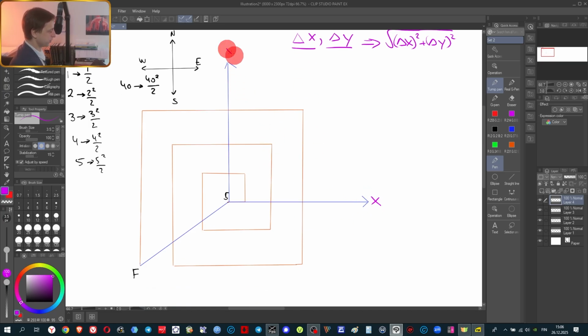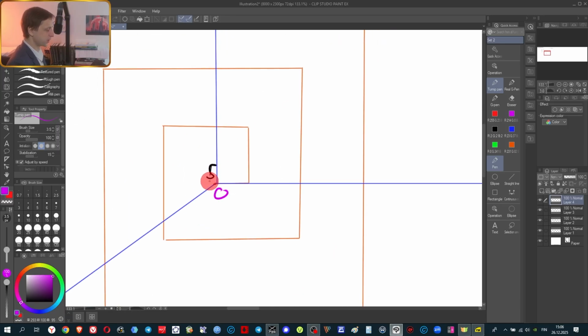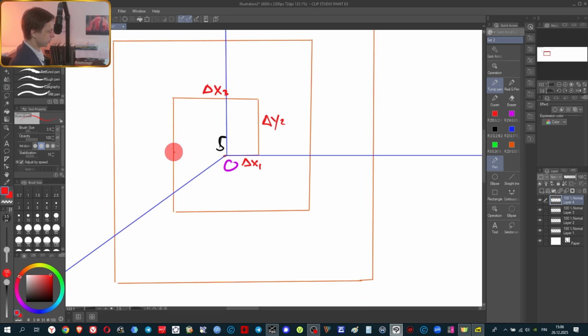So here we have the x-axis, y-axis, of course it is a region, and we have these distances here. The first one is delta x1. This one along y, we will call it delta y2. This one, it's the third distance, so it will be delta x3, just because it's along x. This one along y will be delta y4.